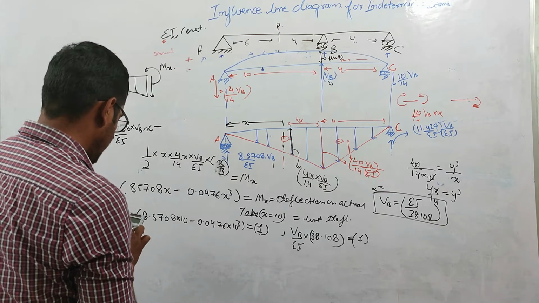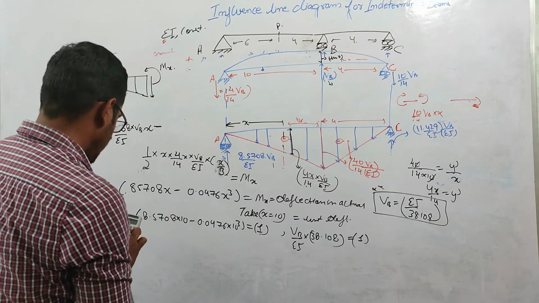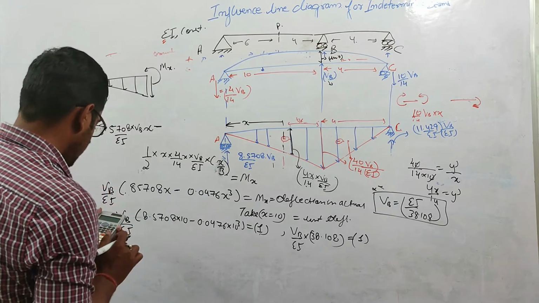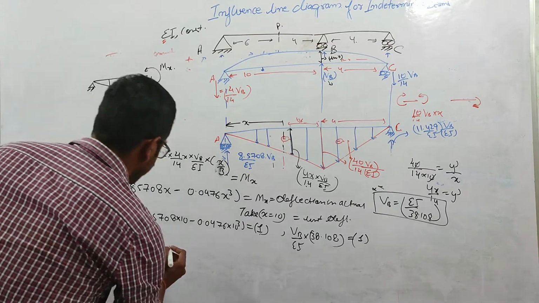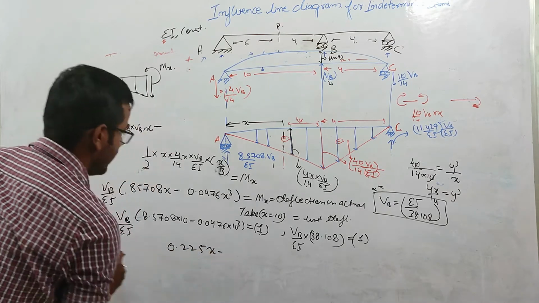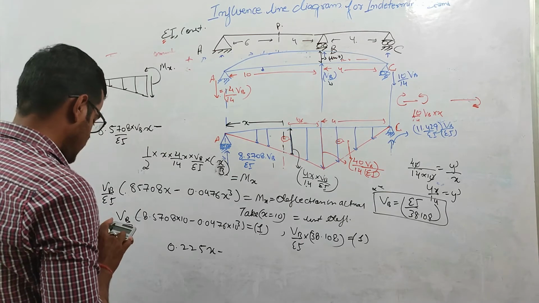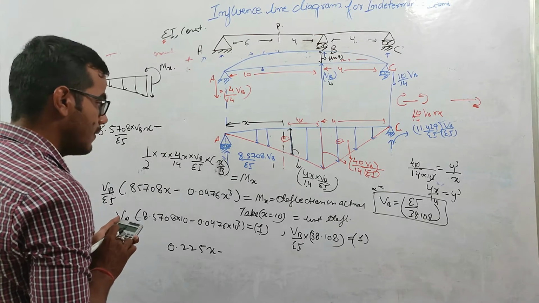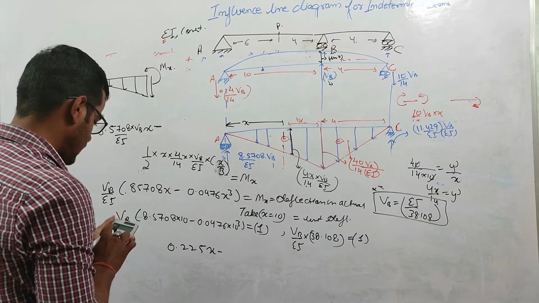8.5708 divided by 38.108. So the value is 0.225 x minus 0.0476 divided by 38.108.